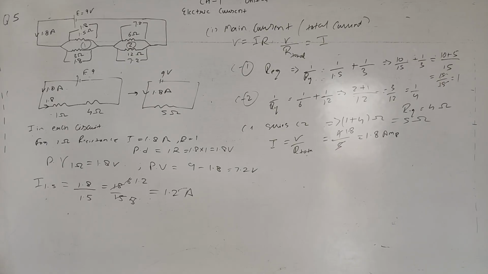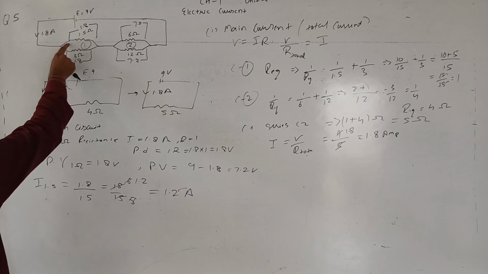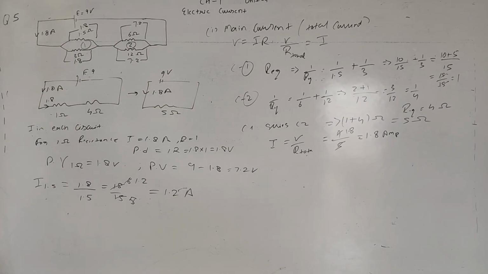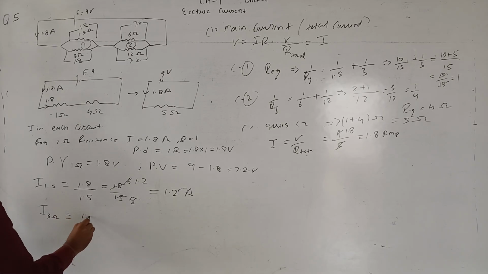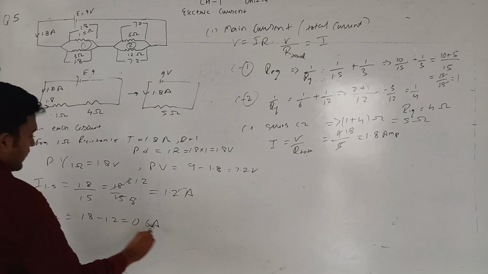So 1.2 ampere is the current through the 1.5 ohm resistance, and therefore the current through the 3 ohm resistance will be, total is 1.8, so 1.8 minus 1.2 is equal to 0.6 ampere.